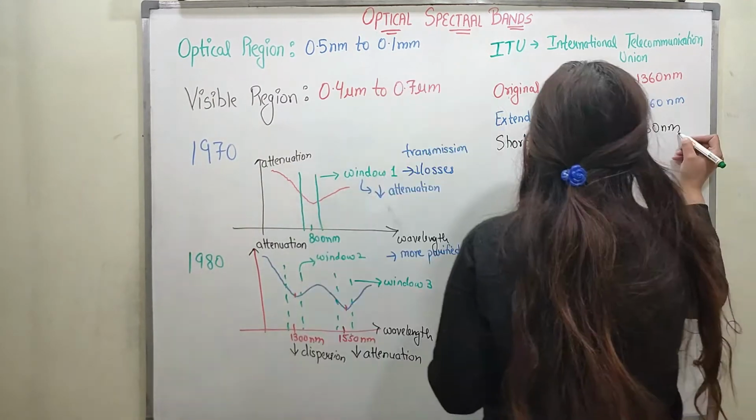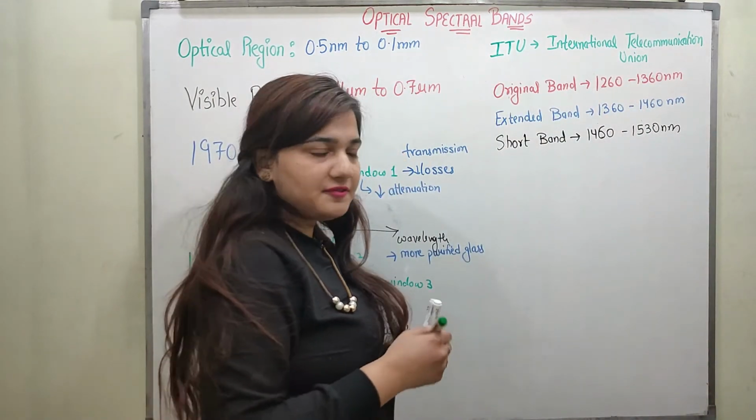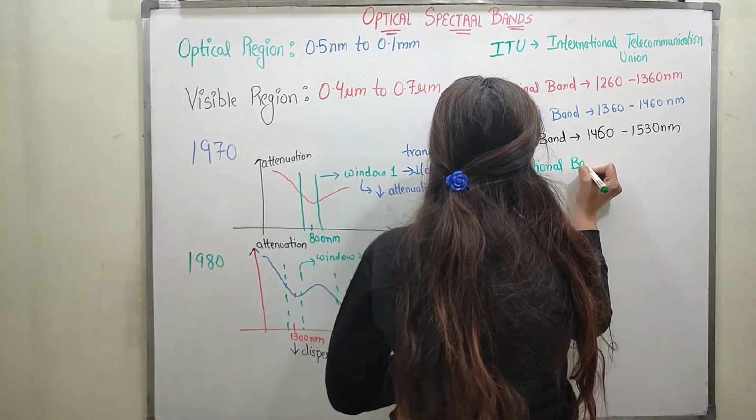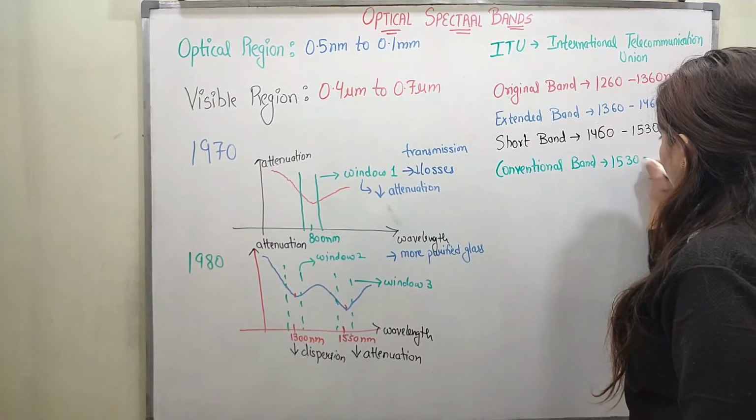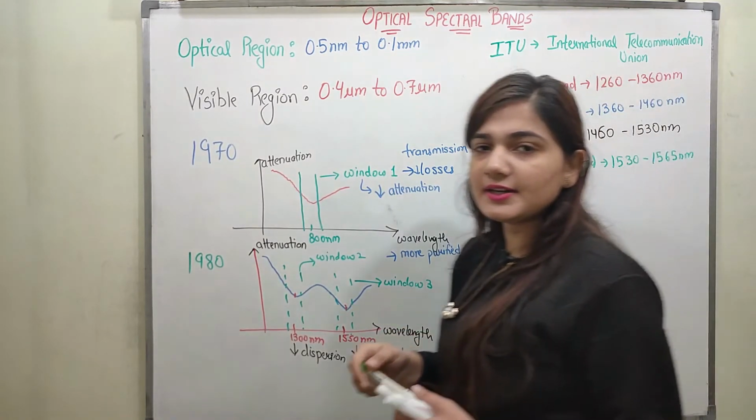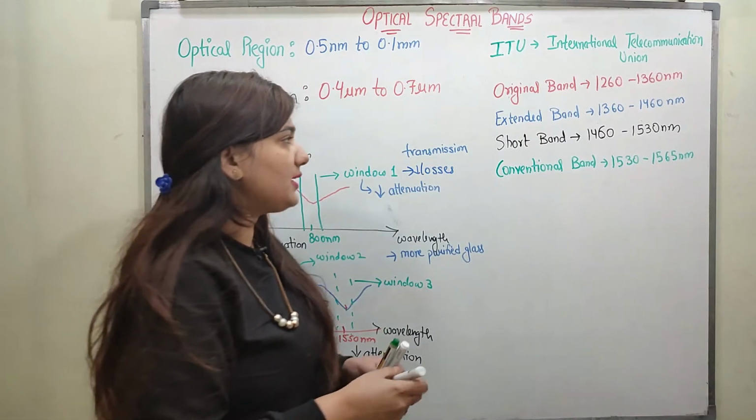Then we have the conventional band, ranging from 1530 to 1565 nanometer.